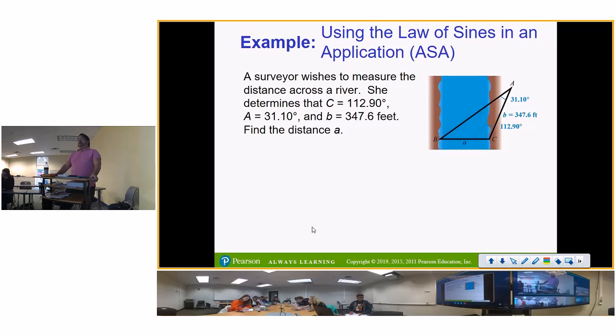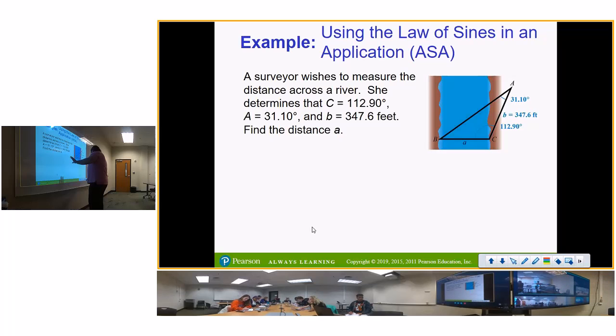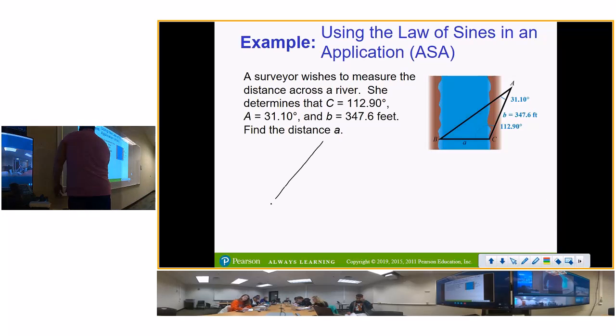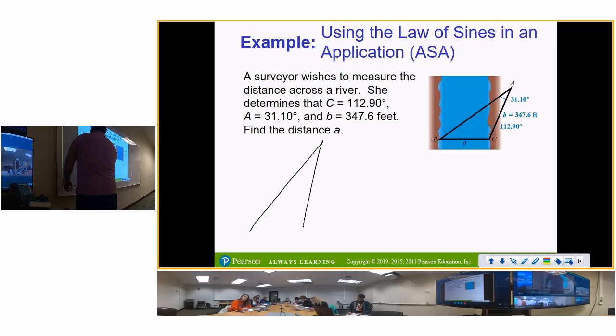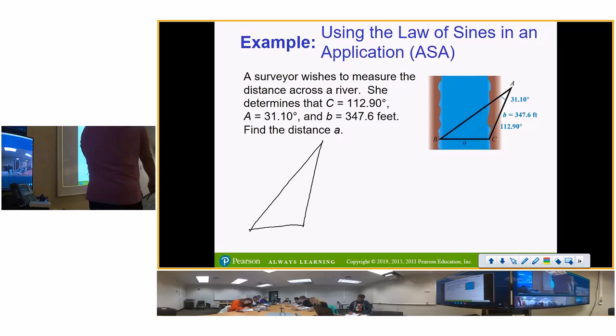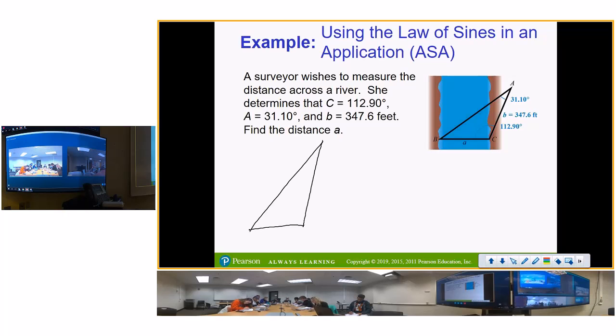So we got, I'm just going to draw. I like to draw it out on the side where I can actually see everything. Now, if any of you have never had a chance of doing things like surveying, this is very elementary, but it is 100% applicable because this is the way that surveyors actually do things.